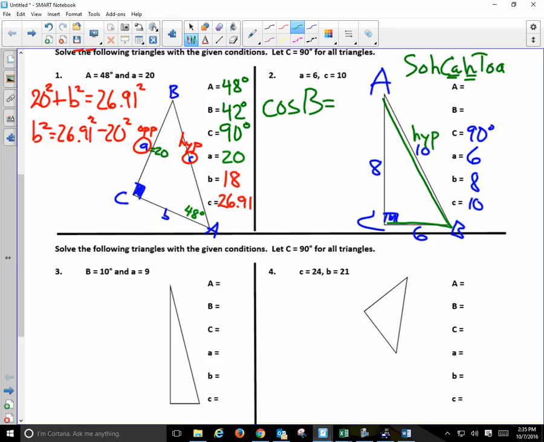Okay. I said I want to use cosine. I always get frustrated with the adjacent side. I never know which one's adjacent. Always the small side adjacent? Oh, it's not the opposite. So that one's the opposite. So 6 is the adjacent. Okay, so I got it.